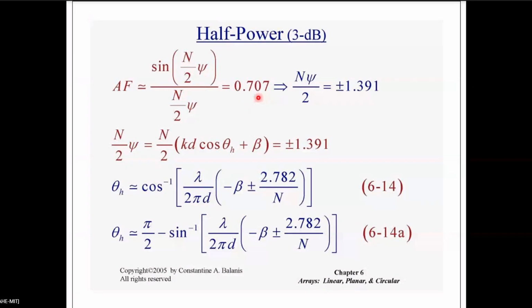If you solve this equation, you get n psi by 2 equal to plus or minus 1.391. You substitute that and you get theta h, the half power point, as this. So this can be nearly equal to this.